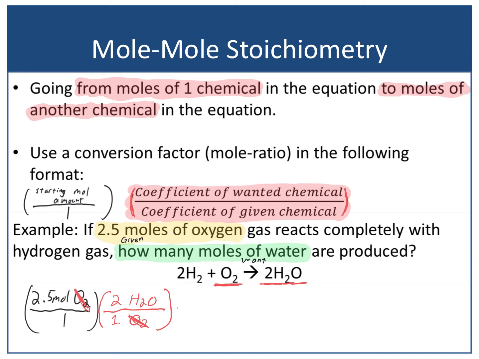And so I have 2.5 times 2 gives me 5.0 if I'm following sig figs, moles of H2O. Both my denominators are 1, so I don't have to worry about them, and I get my answer. All right, let's look at a couple other examples.